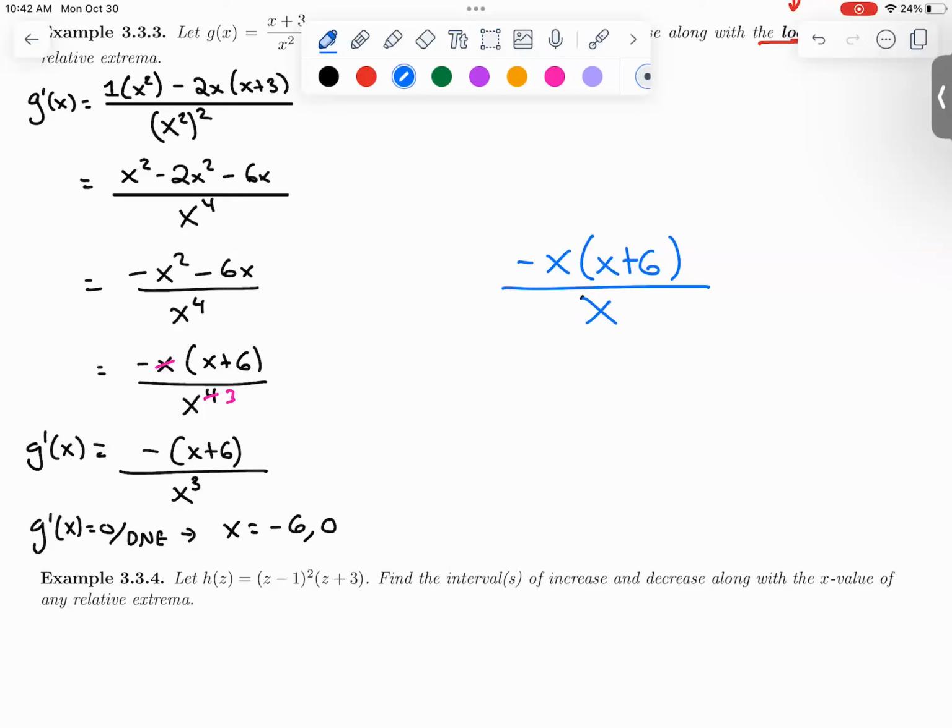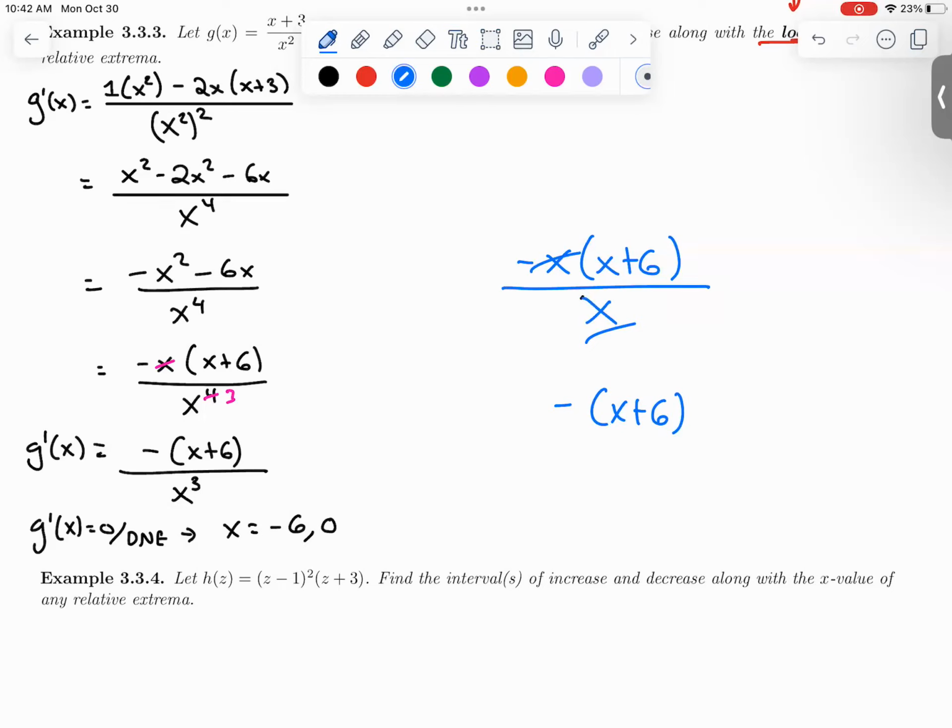What if that was my derivative? You don't need to write this down. Because if I cancel the x's, I just get negative x plus 6, which would lead me to believe that x equals negative 6 is the only critical value. But 0 would make the original version undefined. So that's why I was hesitant to cancel.